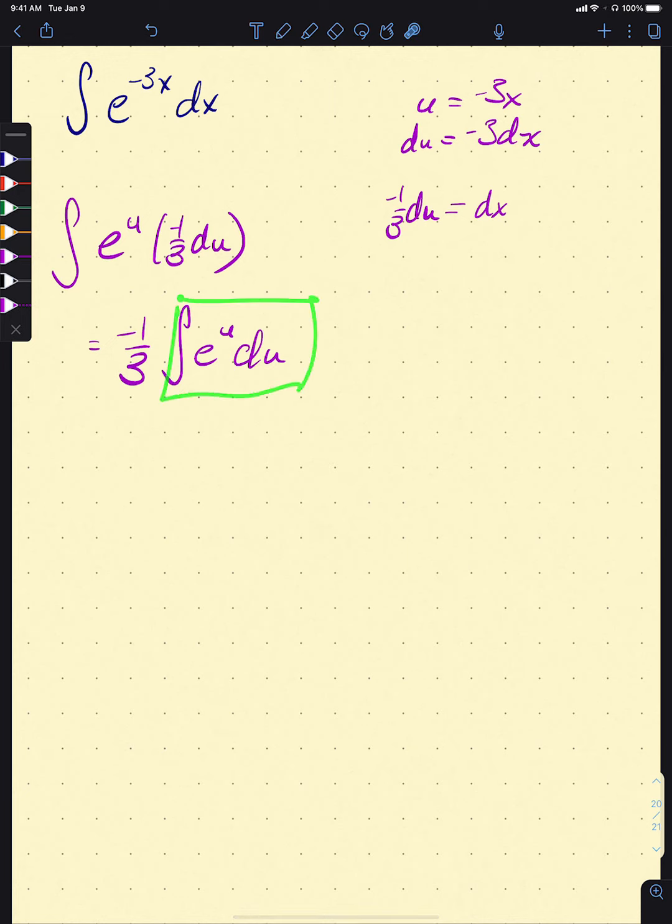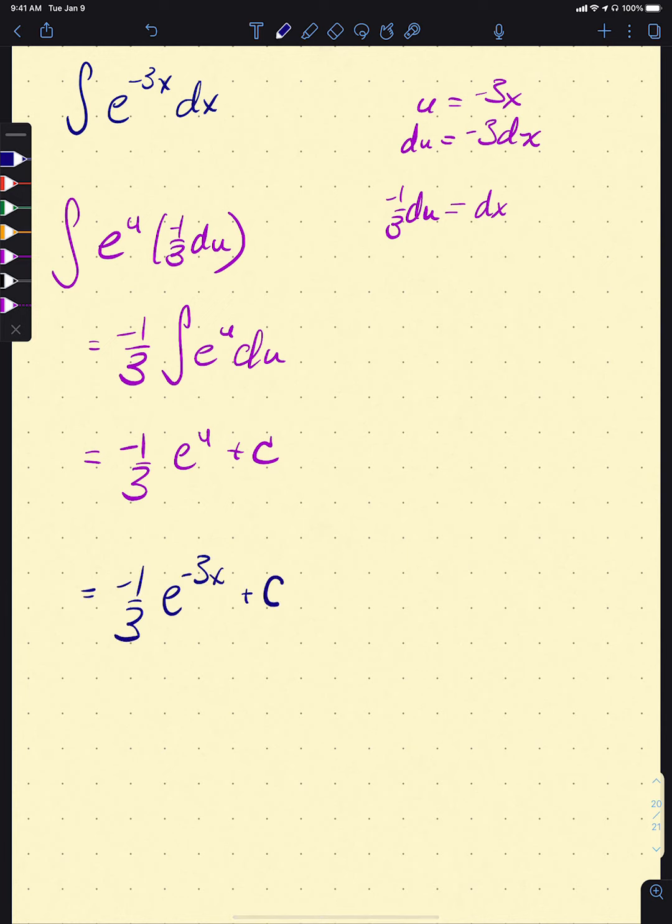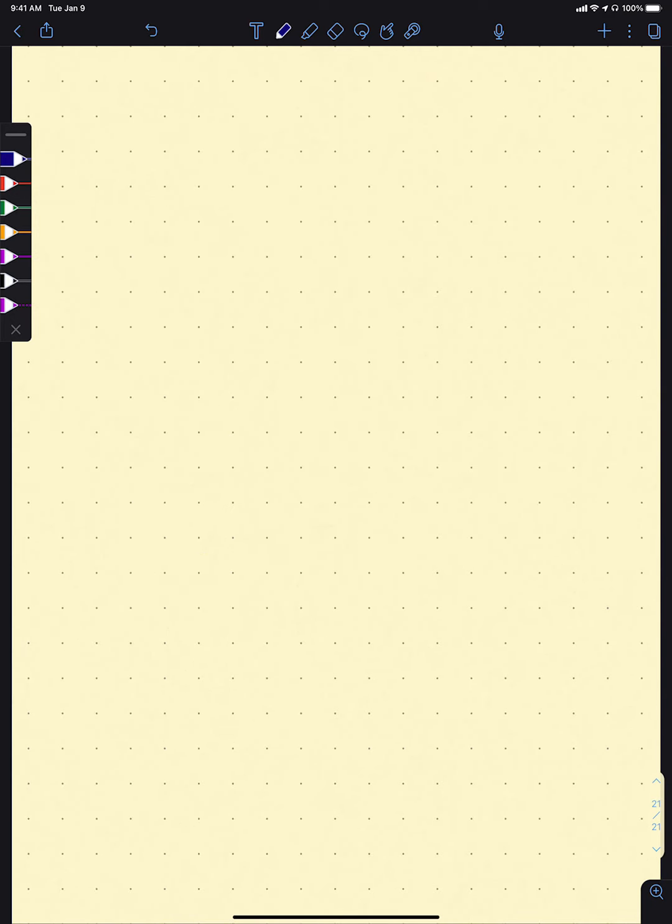The antiderivative of this guy is possibly the easiest antiderivative, because it's just e to the u plus c. But now we back substitute in our value of u, and we get minus 1/3 e to the minus 3x plus c.